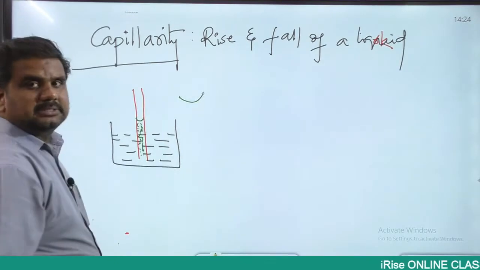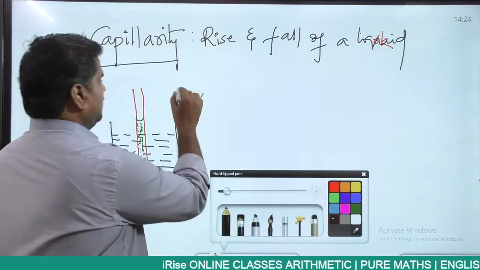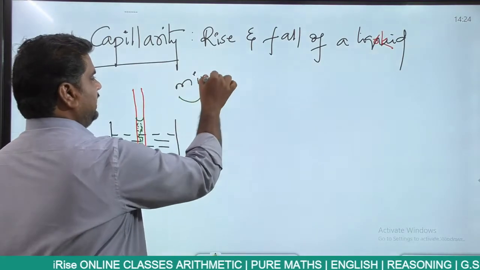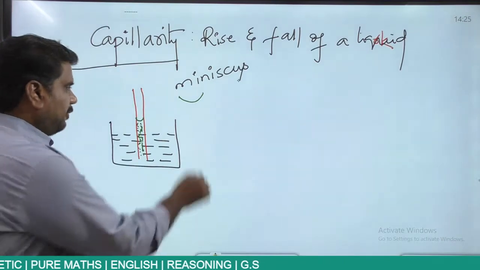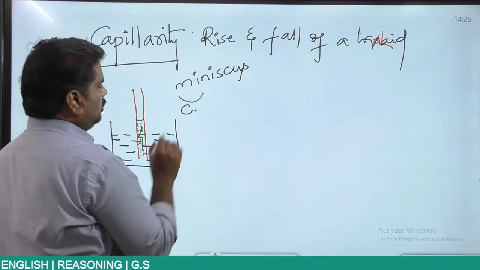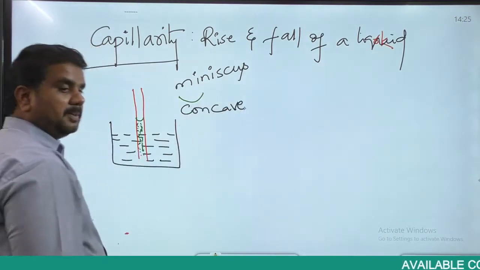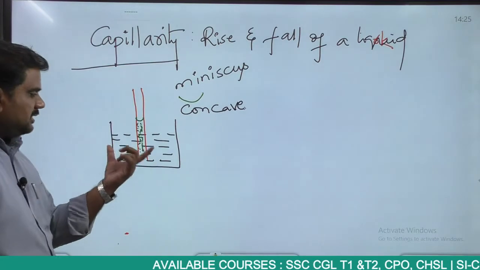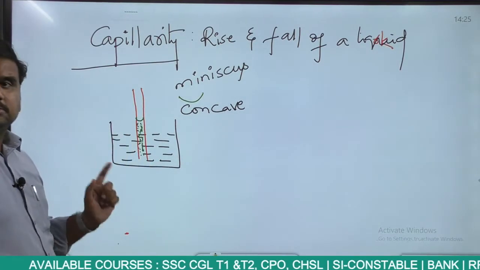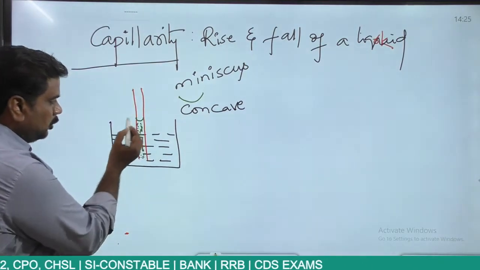It's curved. And this top surface is what you call a meniscus, right? The shape of the meniscus is what you call a concave surface or a concave shape.